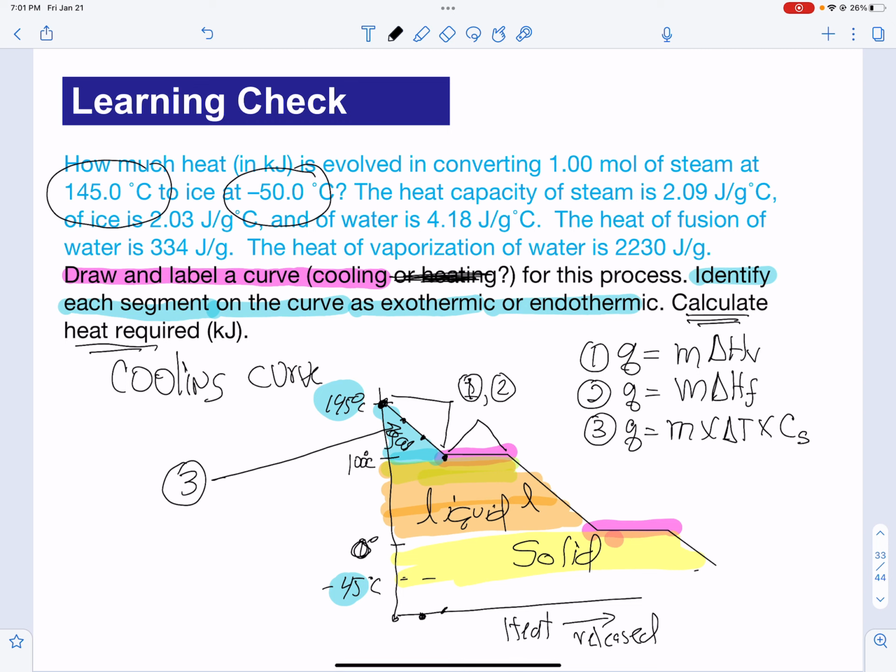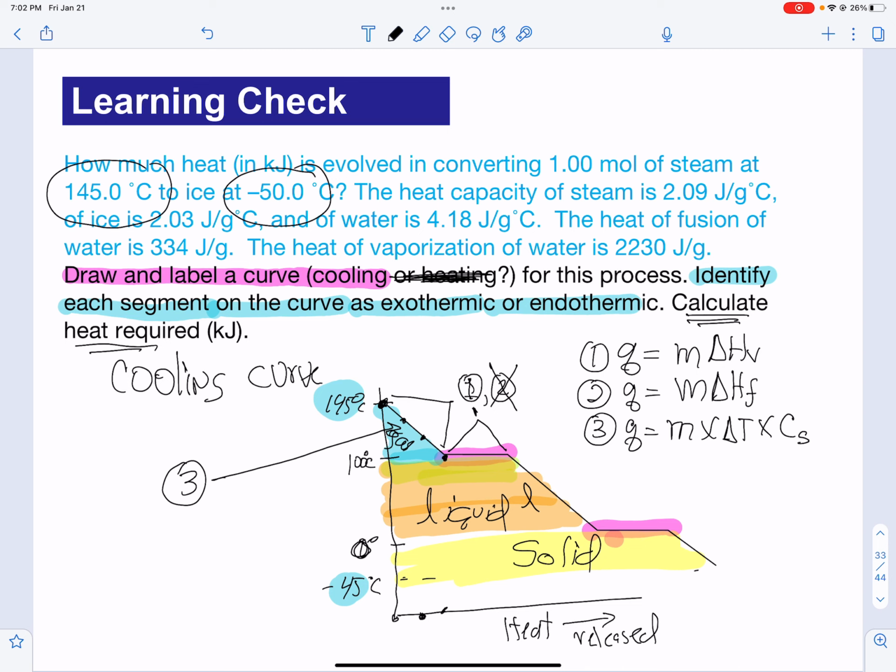However, what's happening here for water is going from, it's 100 degrees, so that has to be boiling or vaporization. So I'm gonna be using number 1 only. So number 1 is what I'm using for that particular section.